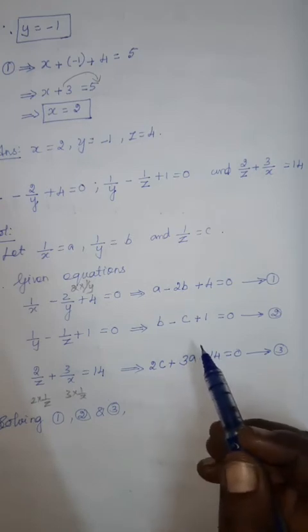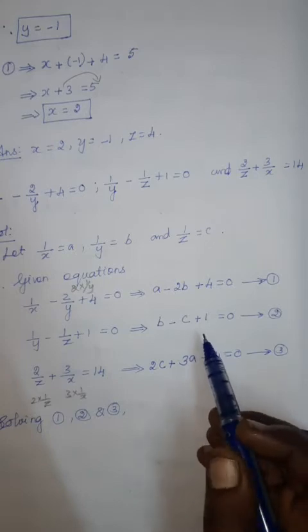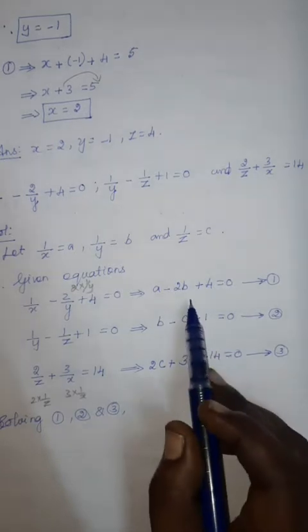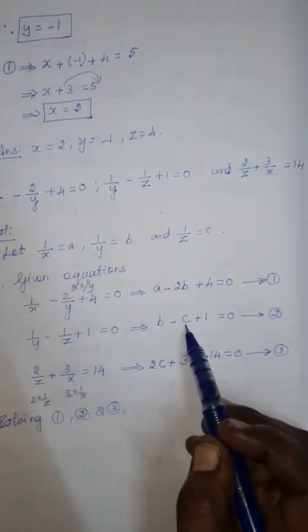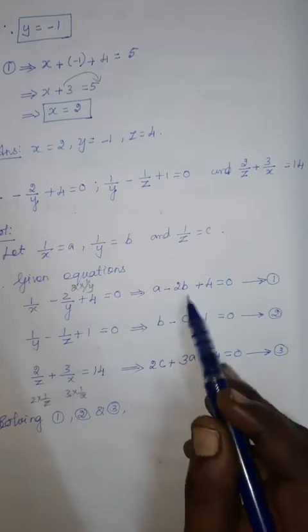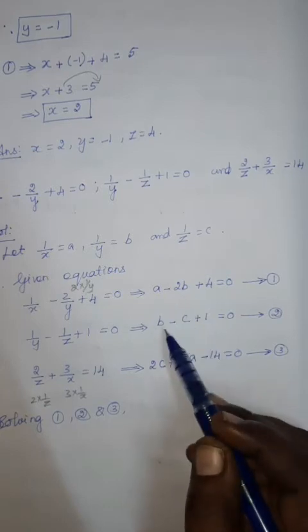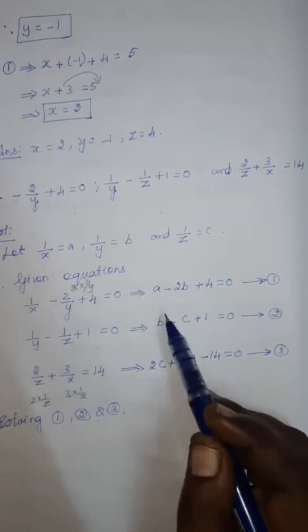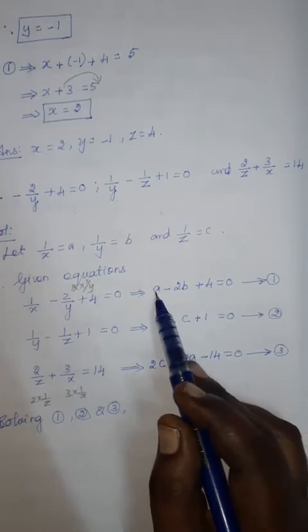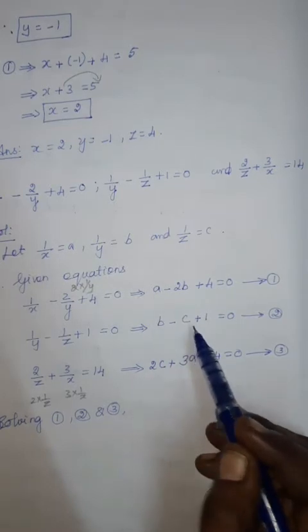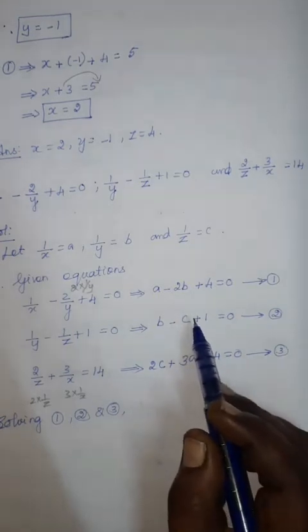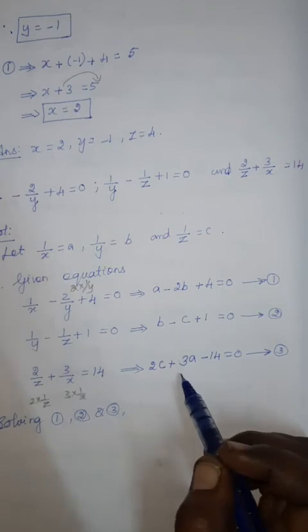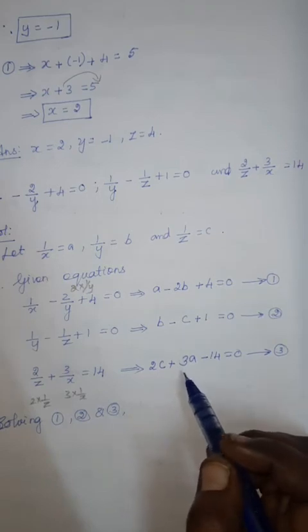So we need 2 equations in the same 2 variables. So we can adjust this. See the first and second equation: here a, b, here b and c. In these 2 equations, b is the common variable. So we can eliminate the b term from the first and second, and you get an equation in a and c. Then the third equation is also in a and c. So we can use that equation and this equation for getting the a or c value.